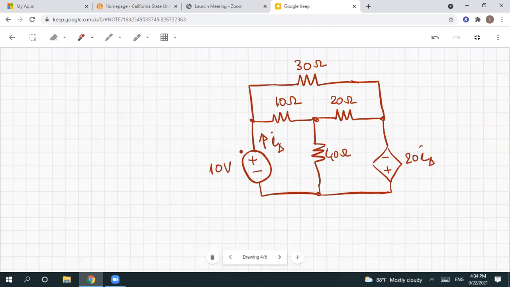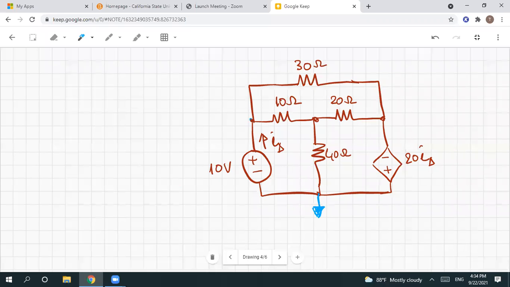As you see, we have the case where a voltage source is connected between 2 essential nodes. So immediately I will select the reference node to be the lower one, taking advantage of the fact that this voltage source is connected between 2 essential nodes.